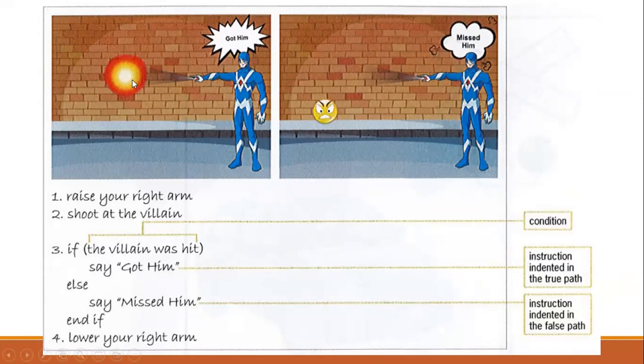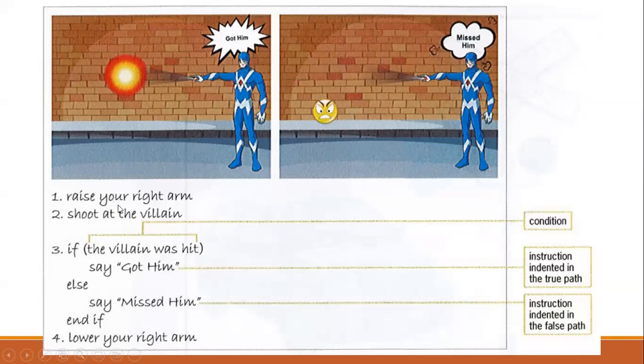This is a small gaming interface, introduced for small children, with a superhero character. If the superhero shoots the villain, he has to shout "got him", or if he misses the villain, then he has to shout "missed him". For that, this is the conditional structure they used to write.